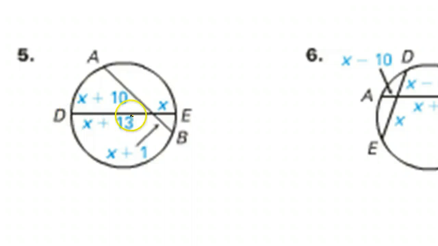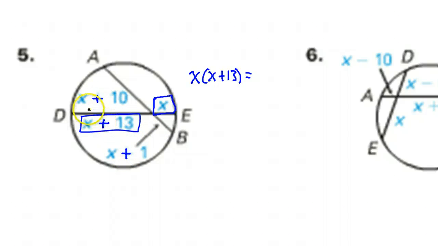Okay, looking at segment DE, I believe that these are the parts of chord DE. Okay, so part times part is looking like x times x plus 13. And equals part times part.